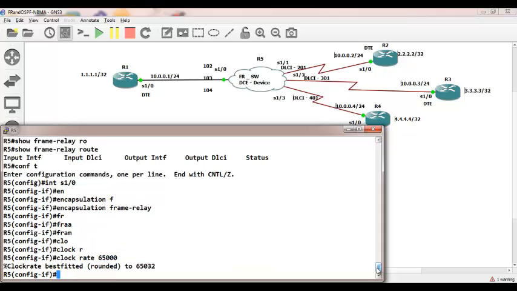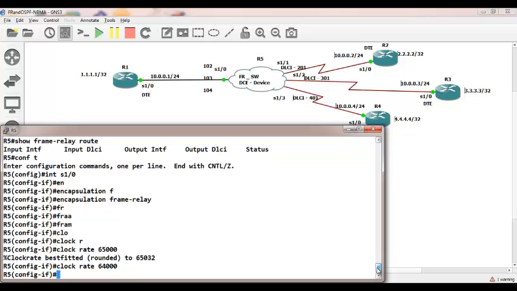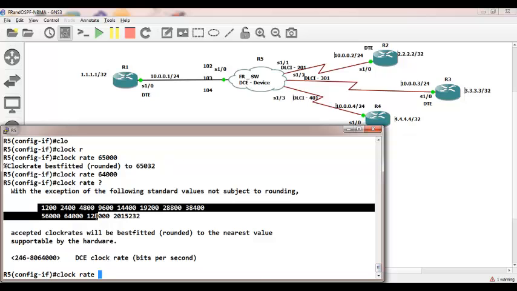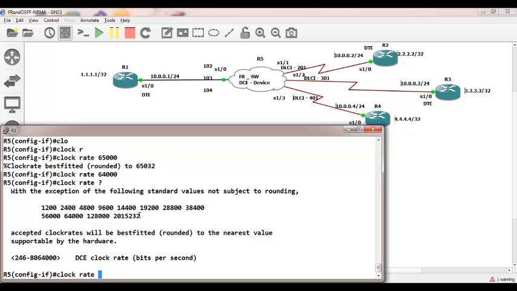I mistakenly typed something, that's why it didn't accept. Fine. See, clock rate can be anything in this range. You're setting the speed. And it needs to be set only on the DCE side. I want this to be the DCE side, that's why I set it here.